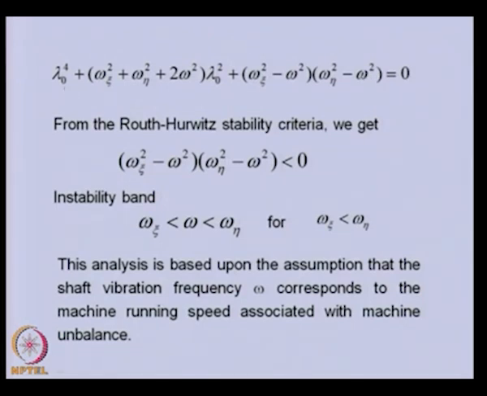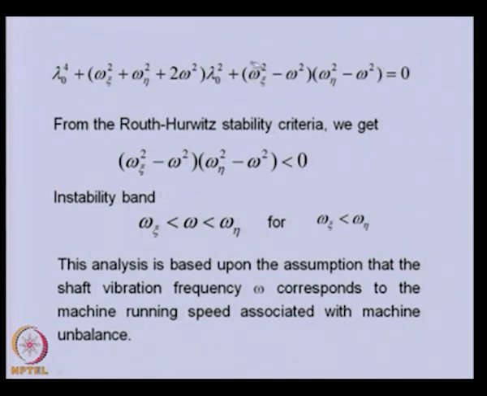In this particular case, because this is a polynomial with real coefficients, we know the Routh-Hurwitz stability criteria. The first criterion was that all the coefficients should have the same sign. Here we have 1, which is positive. These terms are all square terms, so they will be positive.